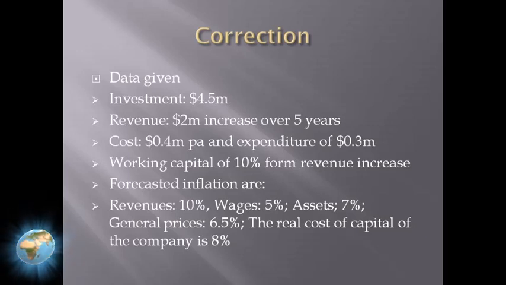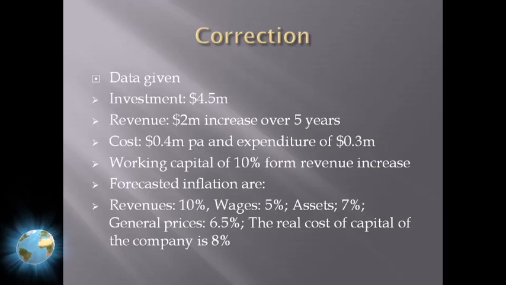Working capital will be 10% of the revenue increase at the start of the year, meaning that in year 0 we are going to have 10% of the revenue. Forecasted inflation: revenue 10%, wages 5%, assets 7%, general price 6.5%. The real cost of capital of the company is 8%, as we have said.